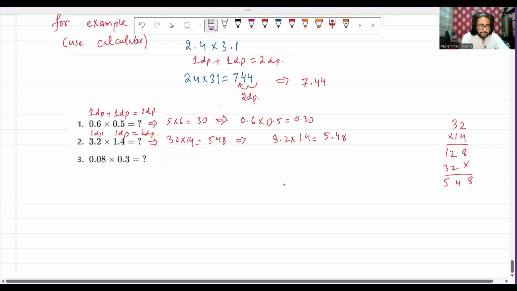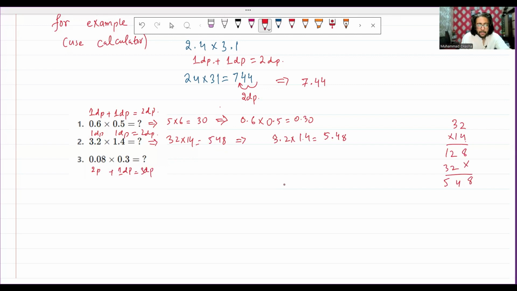Okay. If you look at this, this is two decimal places and this is one decimal place. So my answer should be three decimal places, right? Now, 8 multiplied by 3, 8 3s are 24. Three decimal places, so this is tricky. I write 24.